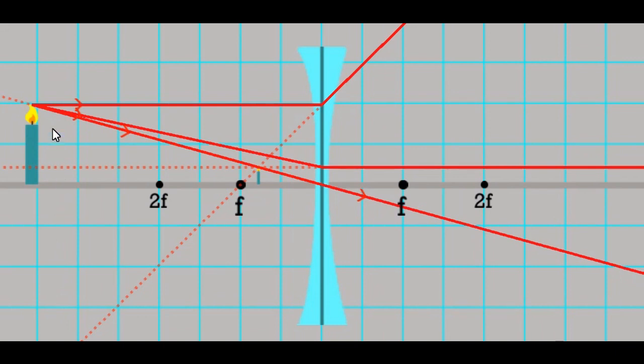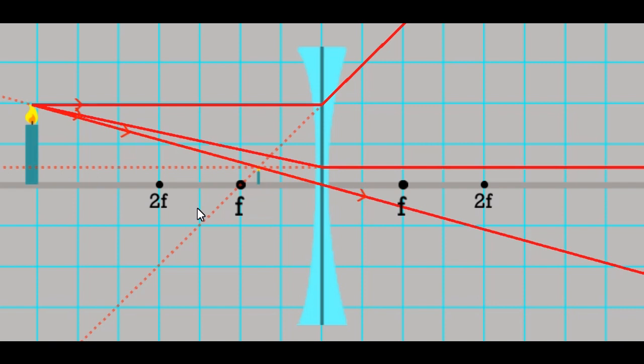Now let's see what happens to the image when you keep this object in front of a concave lens. Again we have f and 2f on both sides of the lens, and this lens also has a focal length of 20 centimeters.